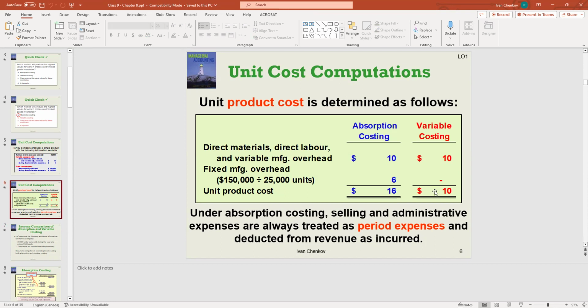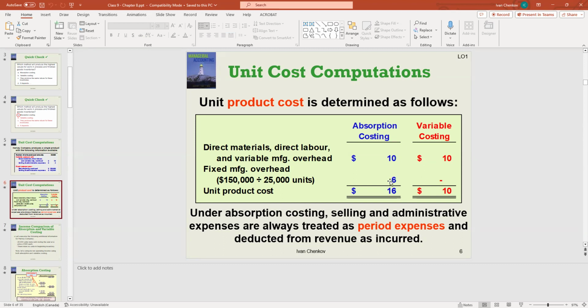So as you can see right here, we're going to have a $30,000 difference in the ending inventory between absorption costing and variable costing. Make sense? $30,000 will be our difference. Where does that difference come from?